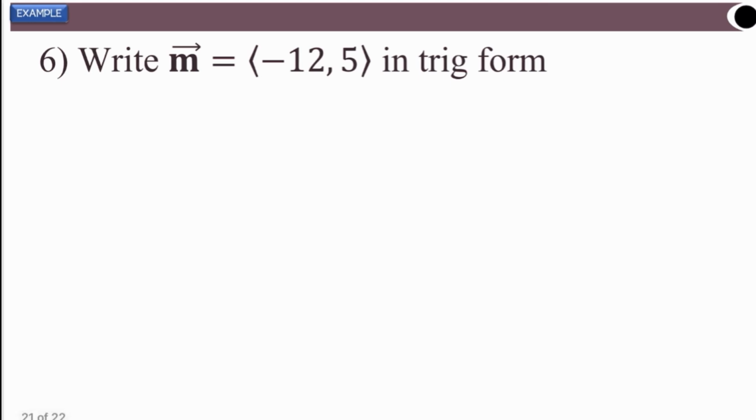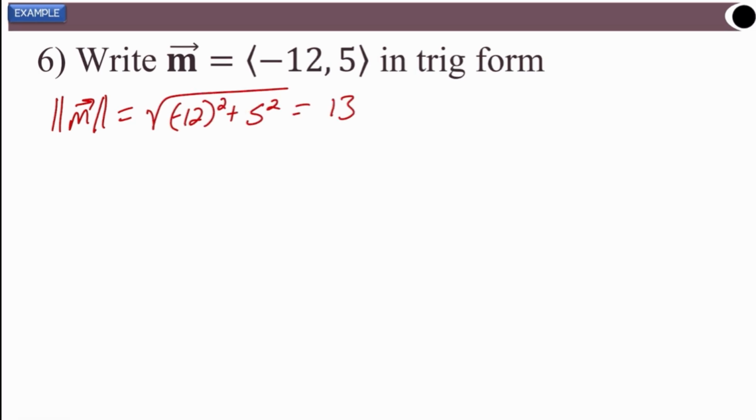The magnitude of vector m is going to be the square root of negative 12 squared plus 5 squared. That's going to be 13. The tangent of the reference angle is going to be 5 over 12. The reference angle is going to be 22.6199 degrees.